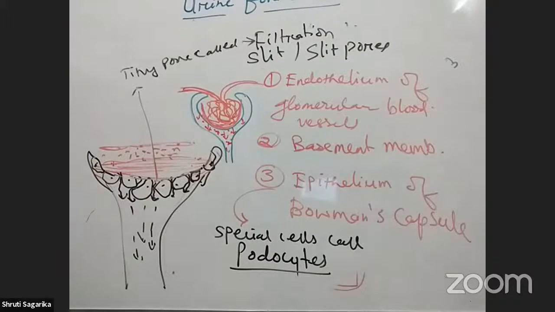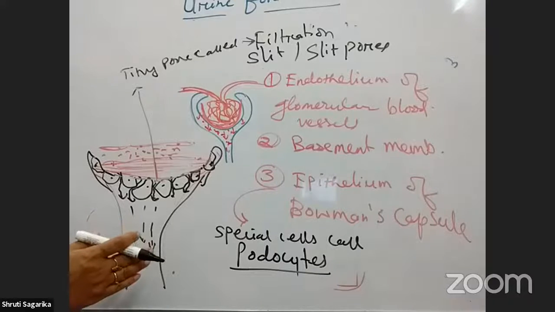Okay. Now madam, blood is filtered so finely through these membranes that almost all the constituents of plasma will come out except the larger molecules. What are the larger molecules? The proteins, the larger cells, all those things will remain in the blood vessel.